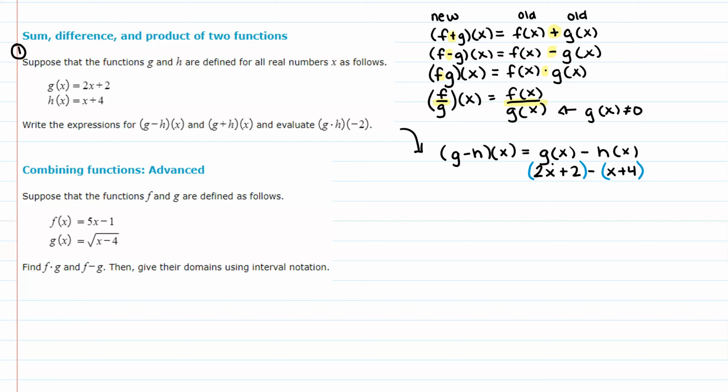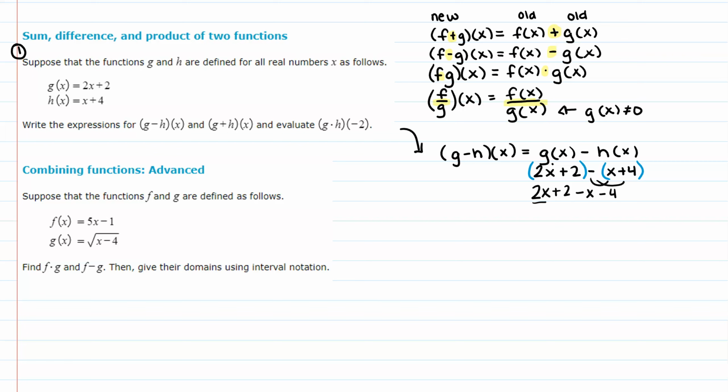So now, the first set of parentheses don't actually matter, right? Because there's no operation out here. If there was 5 times g of x, then we would times the 5 in, but there's not. So we'll keep 2x plus 2. But now subtraction has to distribute to both parts. So I've got minus x and then minus 4.